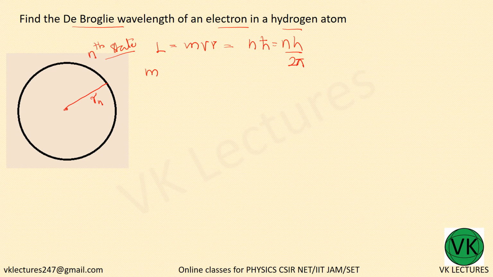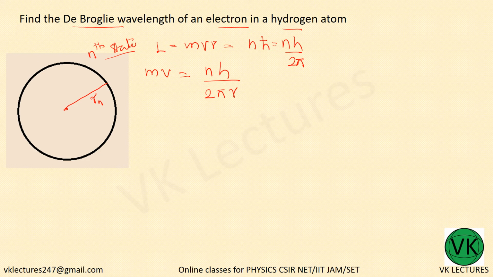So this is angular momentum quantization. So L is equal to nh divided by 2 pi. So mv is equal to nh divided by 2 pi r.